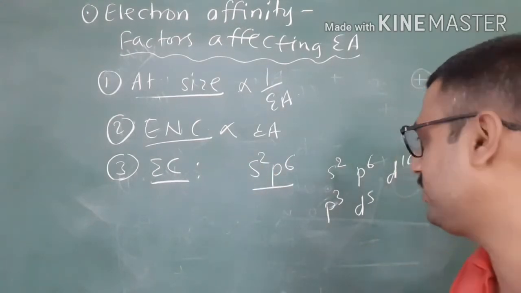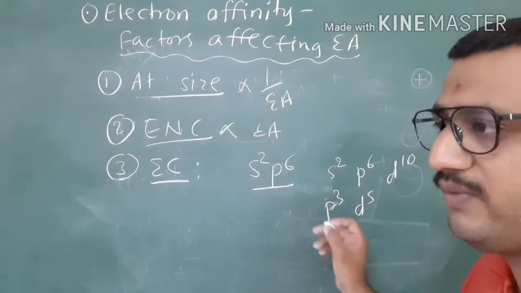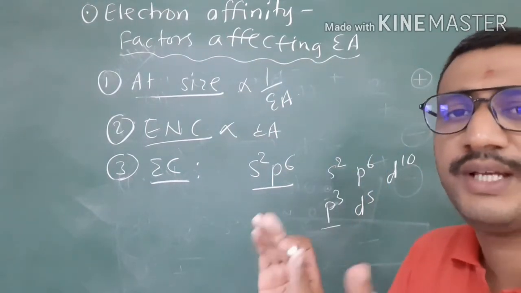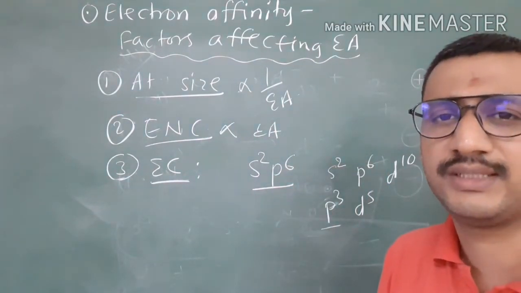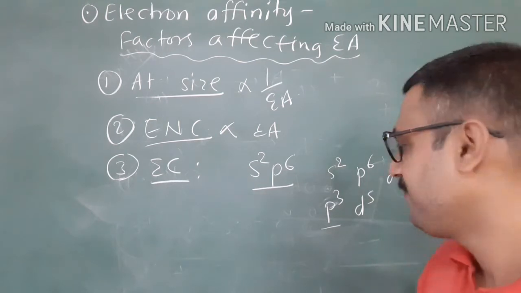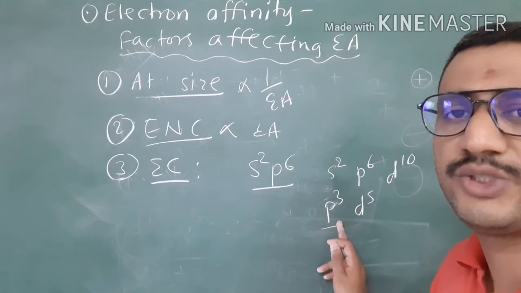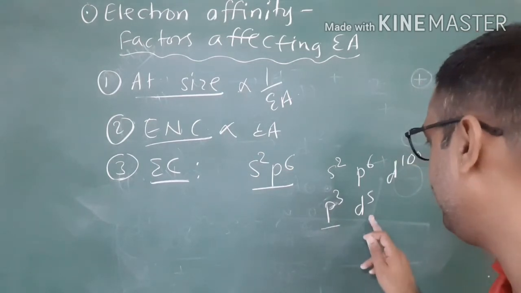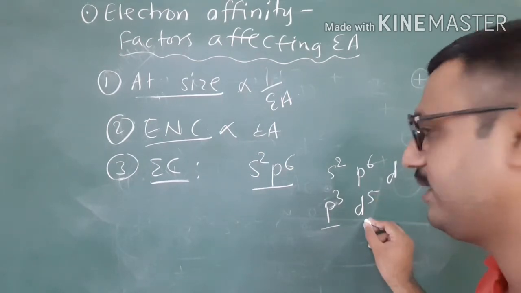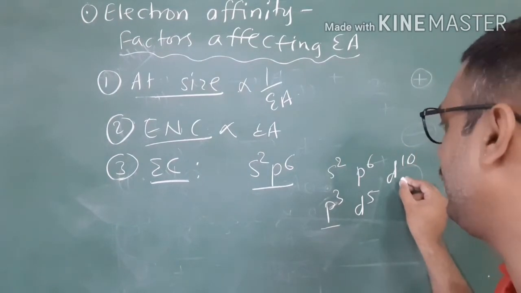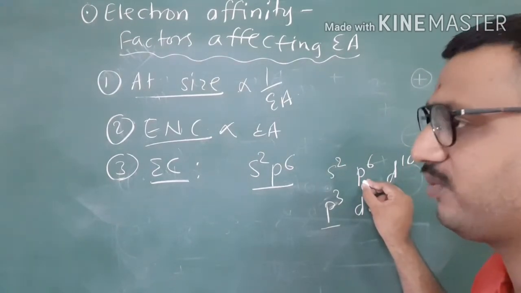For example, nitrogen, it's 2p3. When we try to put an electron in nitrogen, a very small amount of energy will be released, something like 7 kilojoule per mole, because of the 2s2 2p3 configuration. And d5 configuration is manganese, chromium, d10 is zinc, and p6 is noble gases, we know.